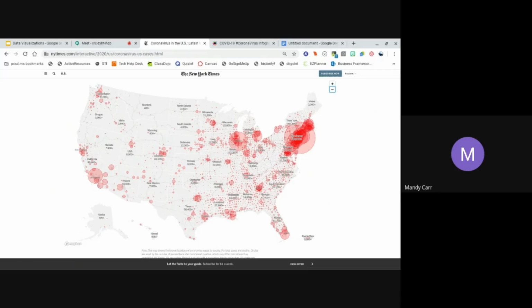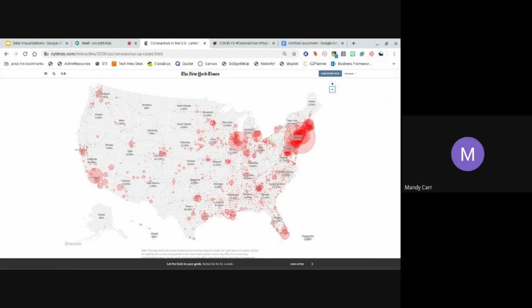Using this visualization makes it easy for a person to understand the data and see where the highest number of cases are. So we can easily tell up here in this area, which is New York, New Jersey, around there, that's where the highest number of cases are in the United States.